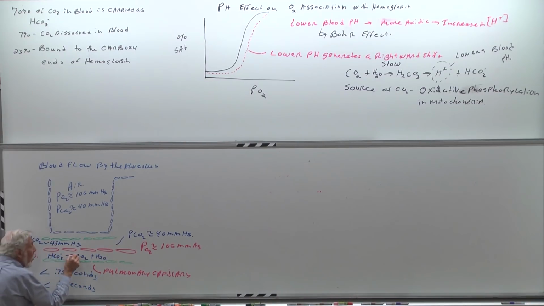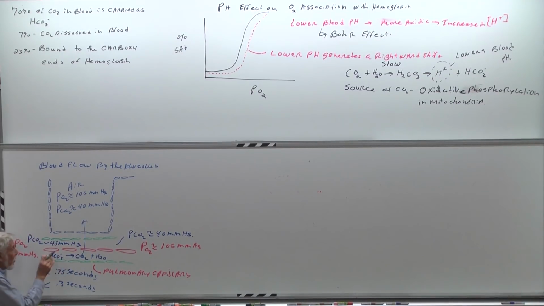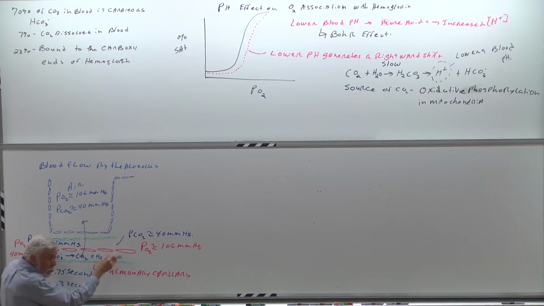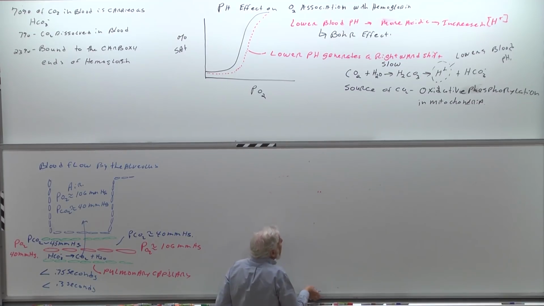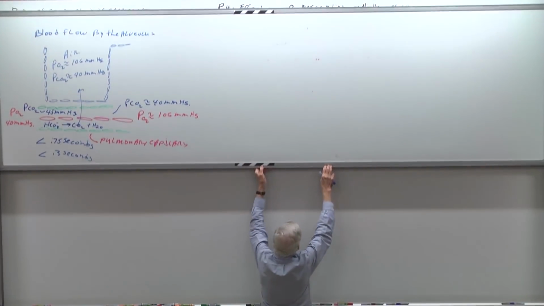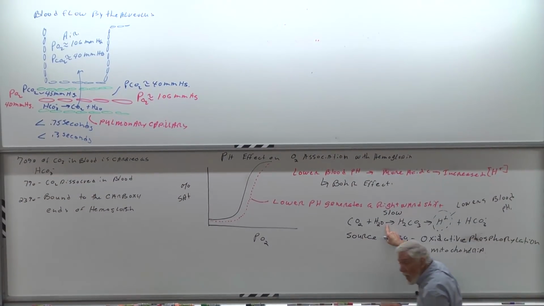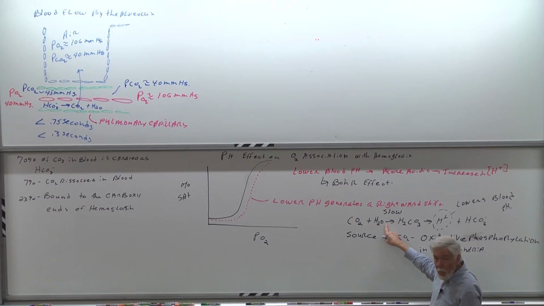Because it's the CO2 now that's going to diffuse from the blood into the alveolar space down its concentration gradient. My point here is mostly that what we have to do is really fast. We have to convert the bicarbonate into CO2 in less than 3/4 of a second. The problem of this inorganic chemistry is it's woefully too slow to do that. It simply can't keep up.